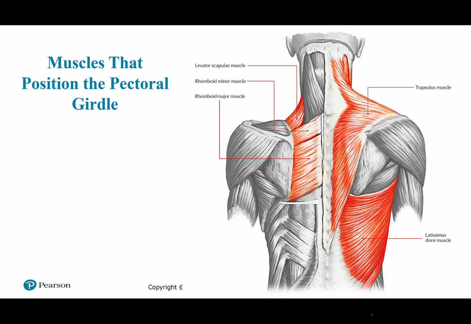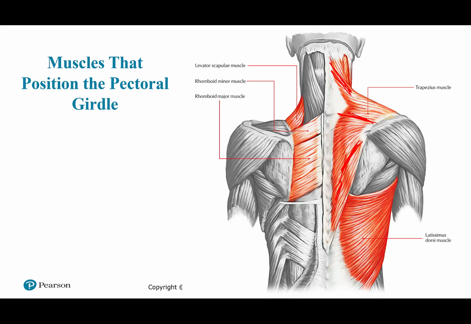With this muscle, as you can see, the fibers go in several directions. So it can go in that direction, or it can go in that direction, or it can go in this direction. With trapezius, because of the wide range of its fibers, it can do a lot.